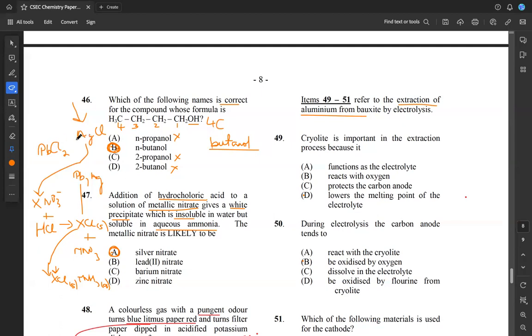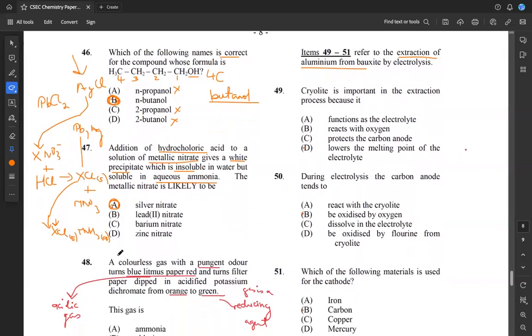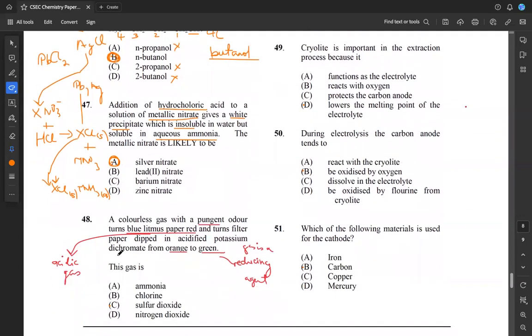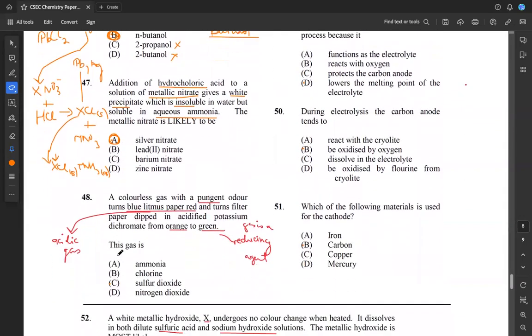Now, which of these chlorides are going to become soluble once you add aqueous ammonia? It's this one. So right away, we know that the identity of X was silver. And so by extension, our metallic nitrate must have been silver nitrate, okay? All right, so that's 47. 47 is A. So let's go to 48 now.